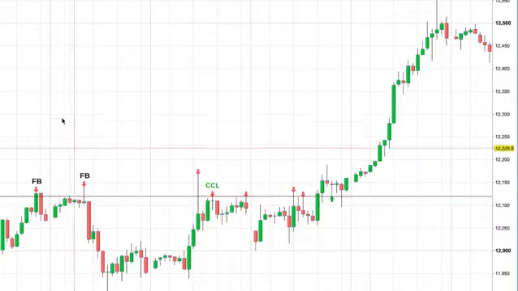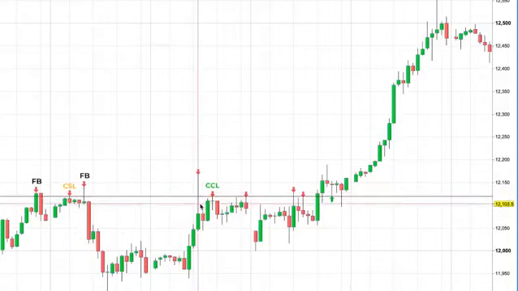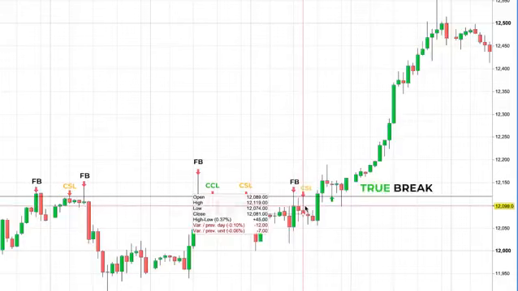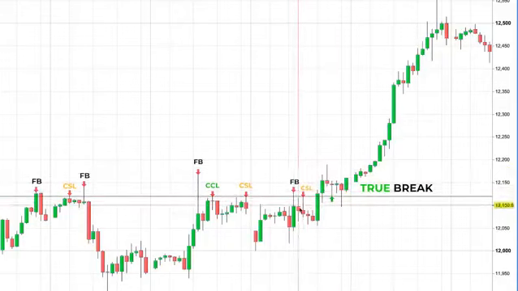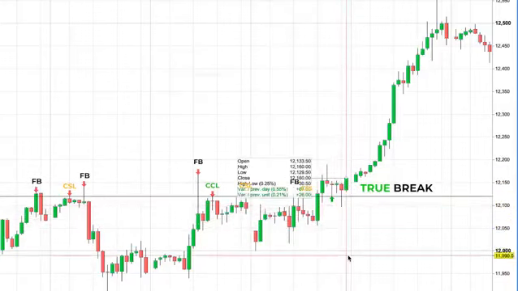This was a false break, and here is another confirmation, which is the CSL, the candle that supports the level. Now this is another FB, this is another FB, this is our CCL once again, this is CSL, FB, CSL, and here is a perfect example of a true break.